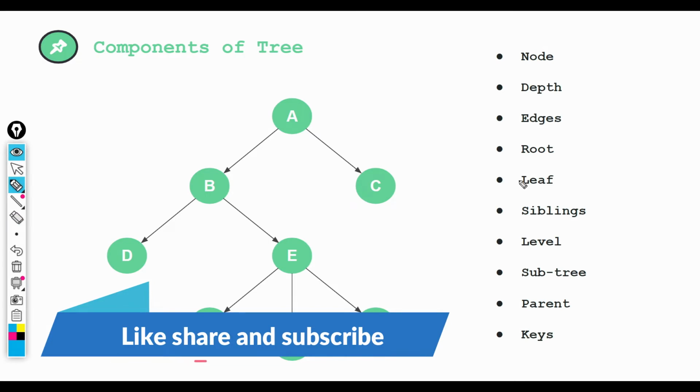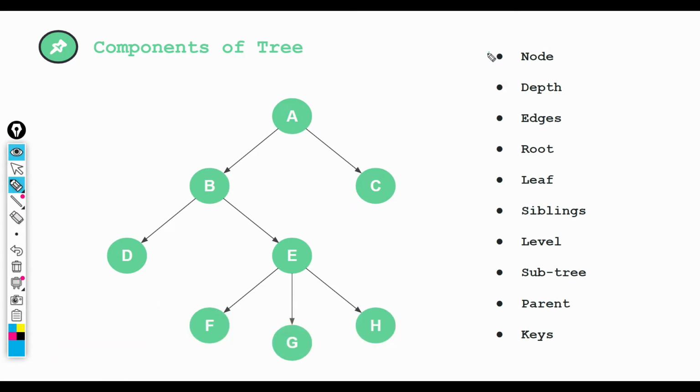As you can see on the right hand side, these are all components of a tree. The first component we have is the node. A node is an entity that consists of a key and is pointed to its child nodes. So this is a root node and these are the child nodes. What do these nodes contain? The first thing is the key, to identify a particular node.